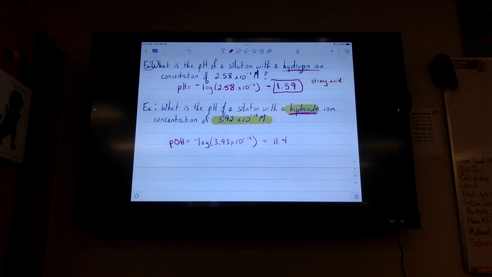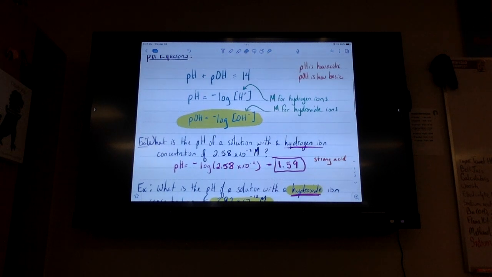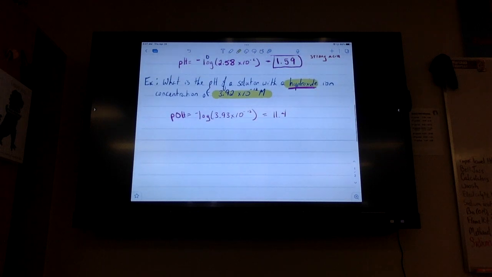Wait, what was the, oh, you haven't said the other stuff. Right. This is pOH. I'm sorry, this is pOH. Now, how do I get to pH? Right here. Subtract from 14. So anytime you solve the wrong one, you just subtract from 14, it gets you the right one. So my pH is going to be 2.6. Yes.